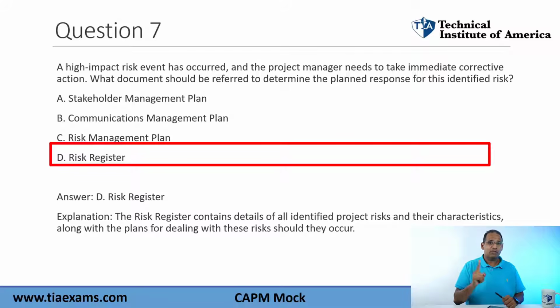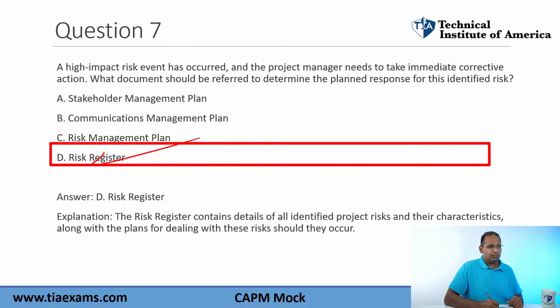It's not in the risk management plan. The risk management plan is going to tell you how to manage risk. It's going to say how to build that risk register, how to respond to risk, how to implement the responses, how to monitor ongoing risk. But it's not actually going to tell you what the risks are. The risk register will do that.